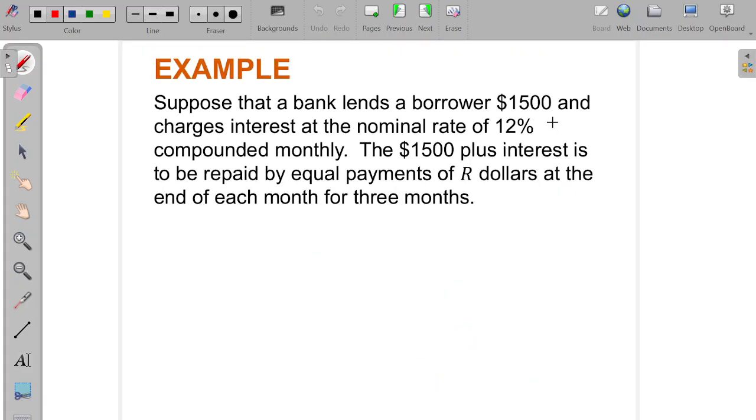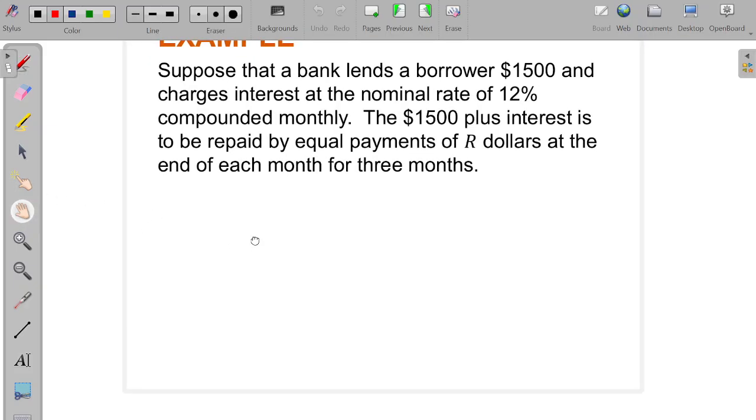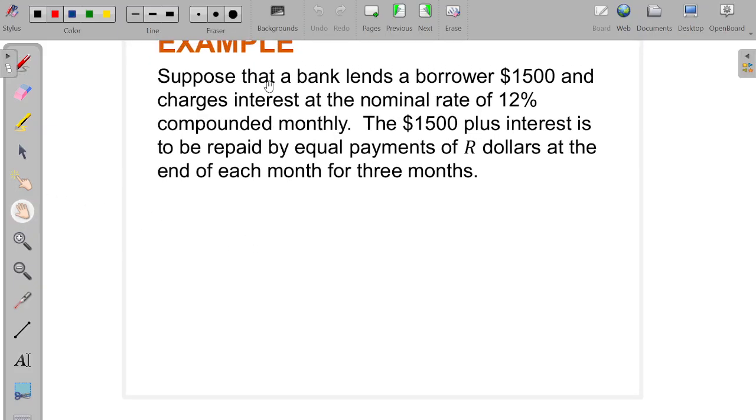So let's use this as an example to demonstrate that. Suppose that a bank lends a borrower $1,500 and charges interest at a nominal rate, compounded monthly.